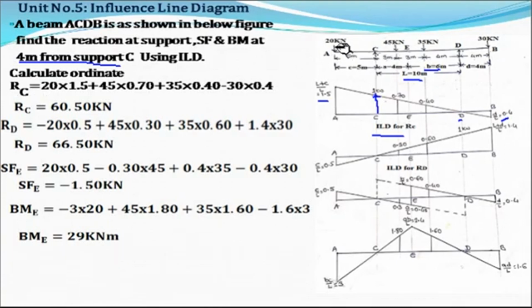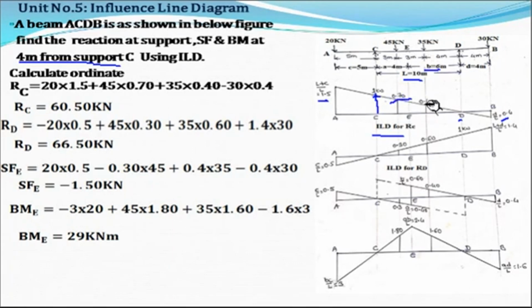Okay, now as here all are the point loads, point load multiplied by the ordinate in the influence line diagram. Now here the point load 20 into the ordinate is 1.5 plus second point load is 45 into the ordinate 0.7.